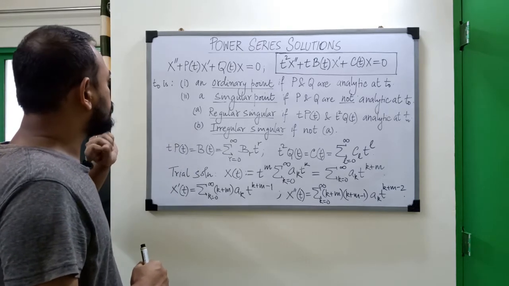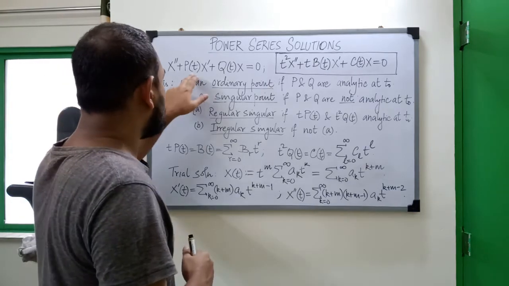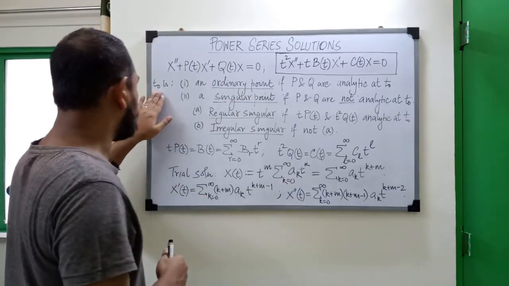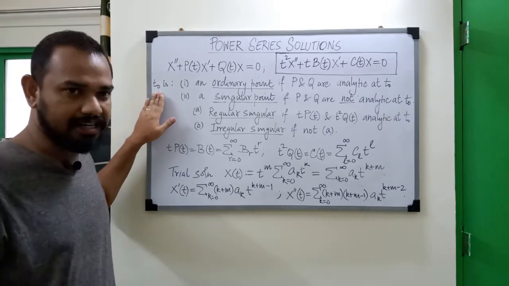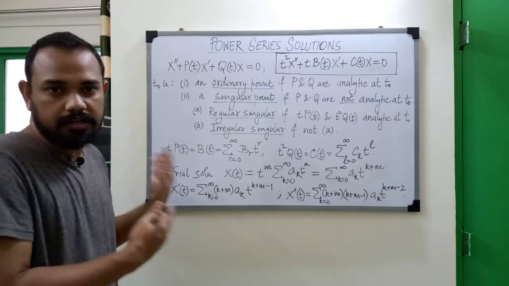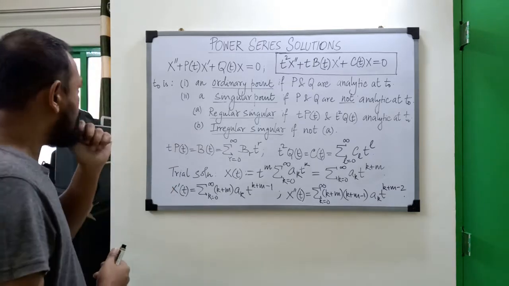So in the last lecture, we said that if P and Q had a Taylor series expansion around a certain point t0, they were called analytic. P and Q were called analytic, and we learned how to solve the differential equation using the power series method.